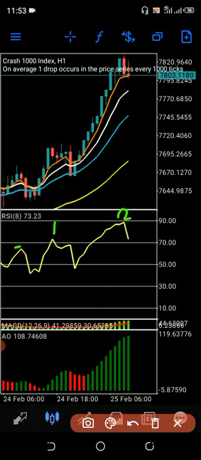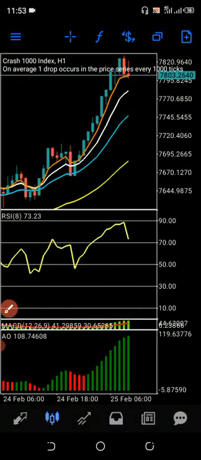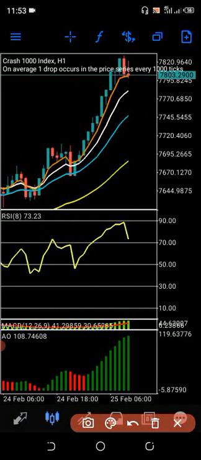Anytime you see a lower high like this, it simply means that, but here you are seeing a higher low. Now what you are seeing here is 1, 1, 2, while you have here 2, 1. What does that mean?